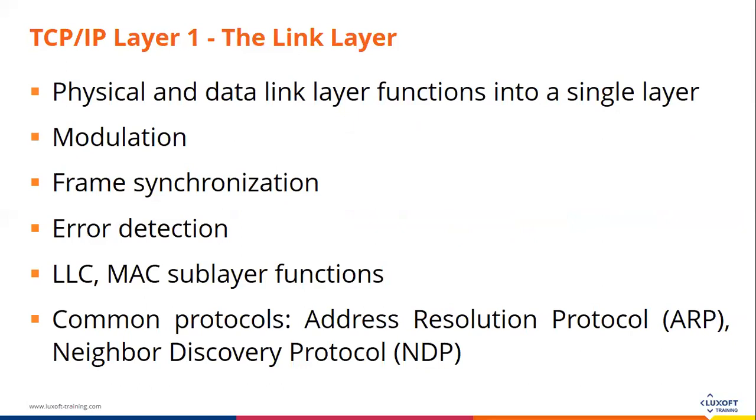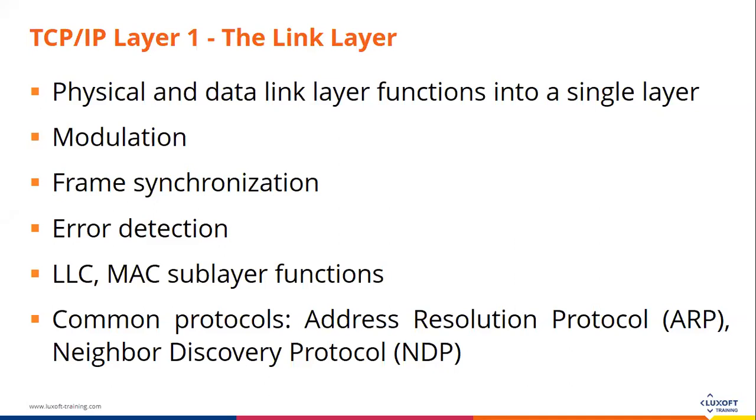What about the link layer? When we are talking about the link layer from the TCP/IP model, it corresponds to the physical and data link layer functions in the OSI model. What are we talking here about?